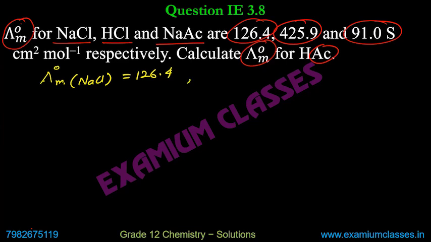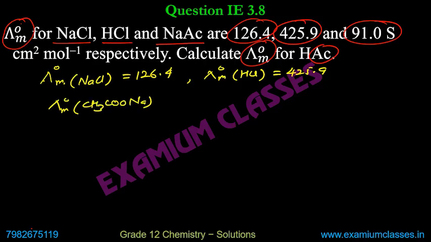Then it is given lambda m naught HCl, 425.9, lambda m naught CH3COONa, 91.0. I am not writing the units, you need to write. Okay. So 126.4, 425.9, 91.0.